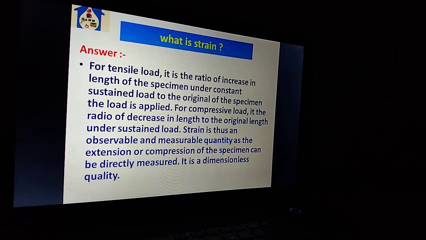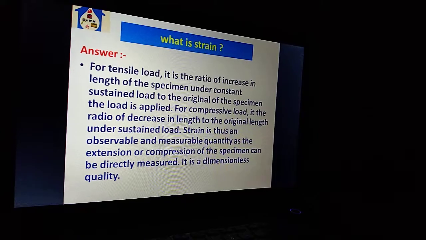Strain is thus an observed and measurable quantity, as the extension or compression of the specimen can be directly measured. It is a dimensionless quantity.